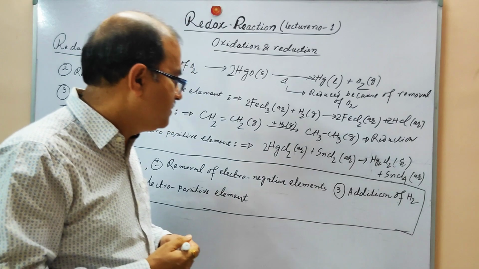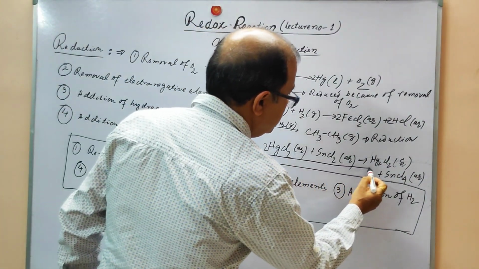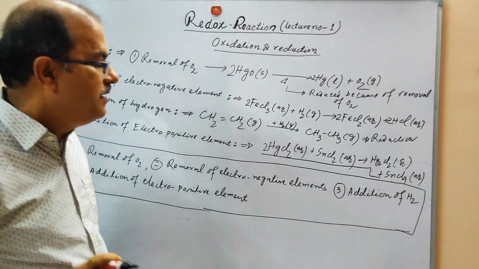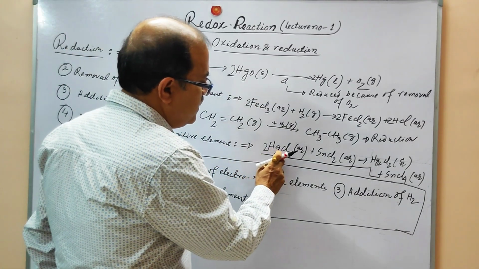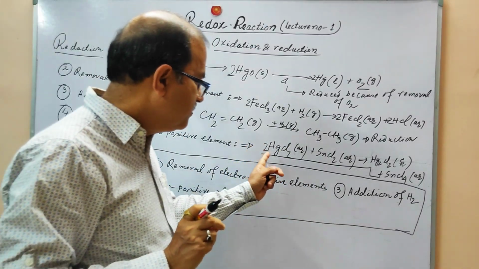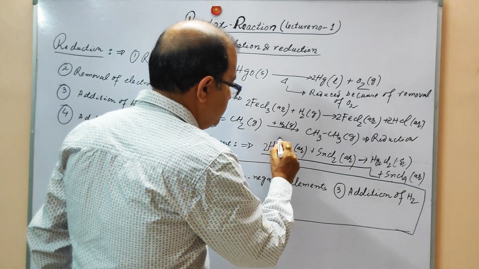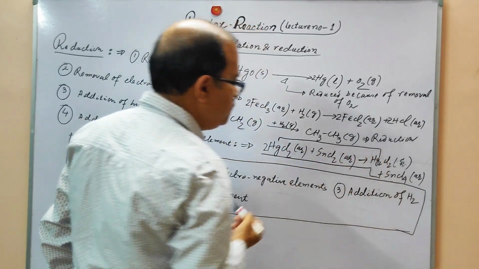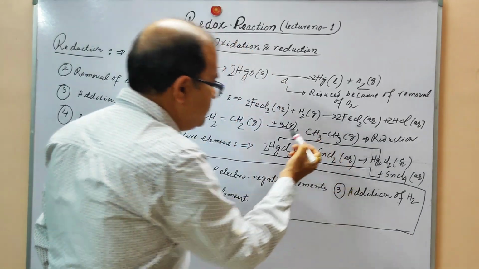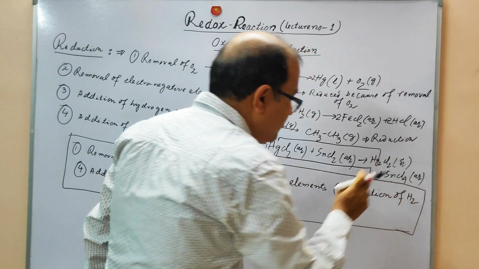Now, one thing you can observe from this reaction: there is an addition of the electropositive element, that is why this has been reduced. At the same time, in the stannous chloride there is addition of chlorine, and it will produce the stannic chloride.